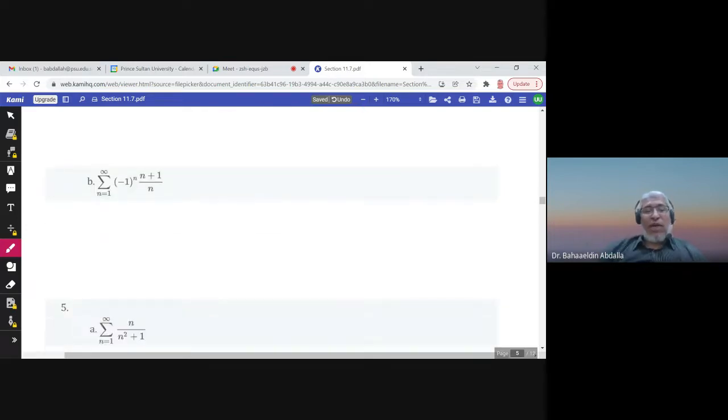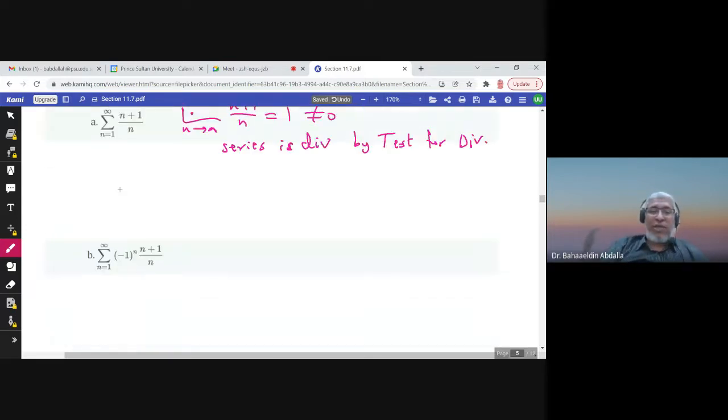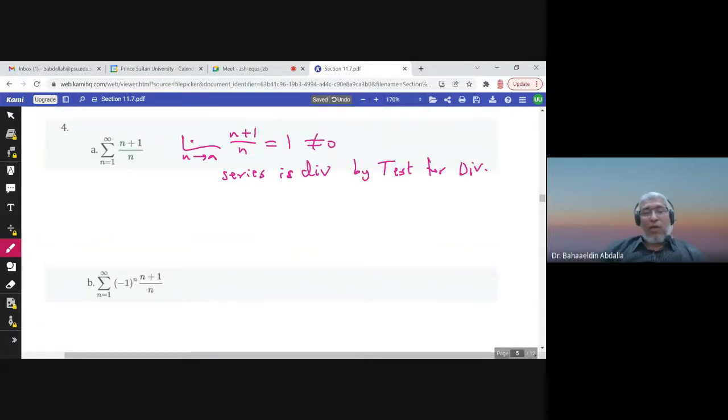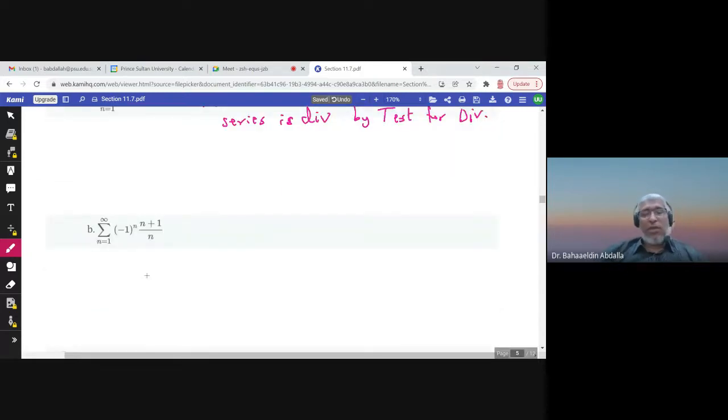While here I have negative 1 to the power n, the same series, but with negative 1 to the power n. I found that the limit of this is 1. So the limit of negative 1 to the power n plus 1 over n, when n approaches infinity, does not exist because it's plus or minus 1.